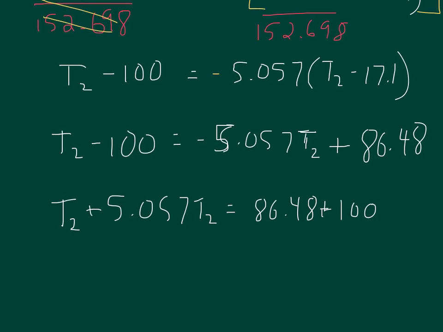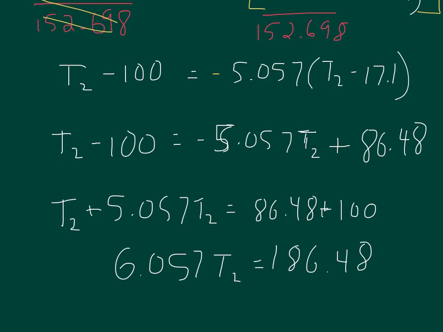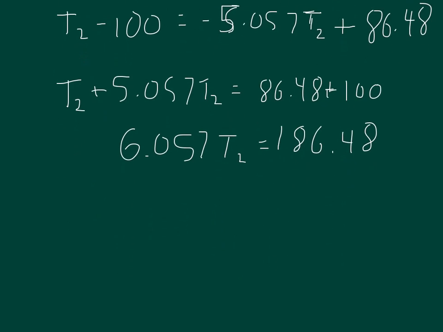Okay, so we have 1 T2 plus 5.057 T2s. And when we add that together, we'll get 6.057 T2s. And on the right-hand side, 100 plus 86.48, 186.48.